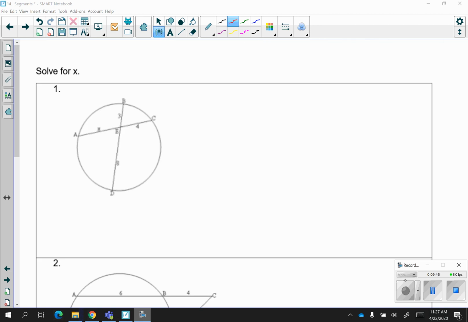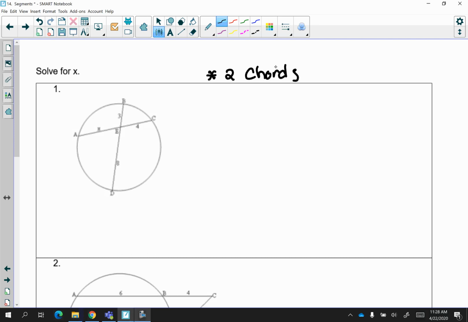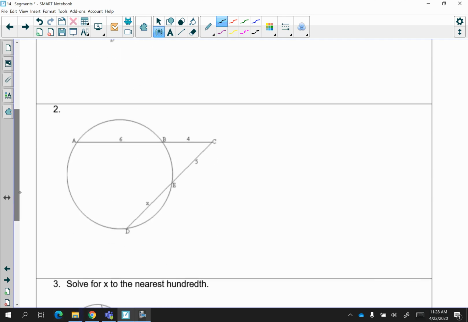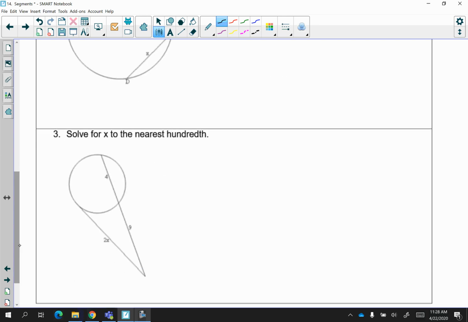Let's take a look at the next few problems, decide what type they are, and then you're going to pause the video and do the problems on your own and then check your answers. So you should recognize that this problem is two chords. And then go back and do that on your own. Here you have a secant, secant. And in number 3, you have a tangent and a secant.